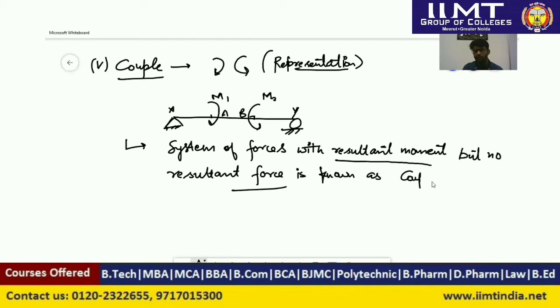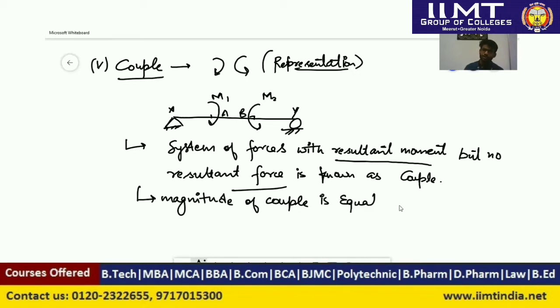And the magnitude of couple is basically equal to force times the offset distance.